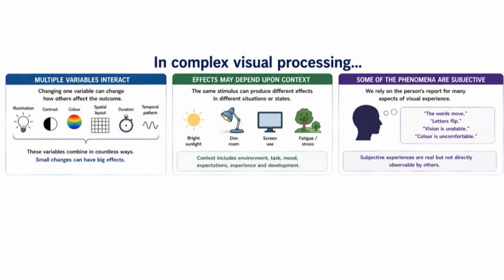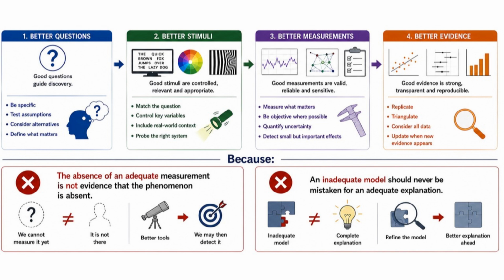Therefore, the evidential chain from stimulus to processing to perception to mechanism can be exceptionally difficult to establish. The answer is not to abandon science. It is to develop better questions, better stimuli, better measurements, and better evidence. Because the absence of an adequate measurement is not evidence that the phenomenon is absent. And an inadequate model should never be mistaken for an adequate explanation.